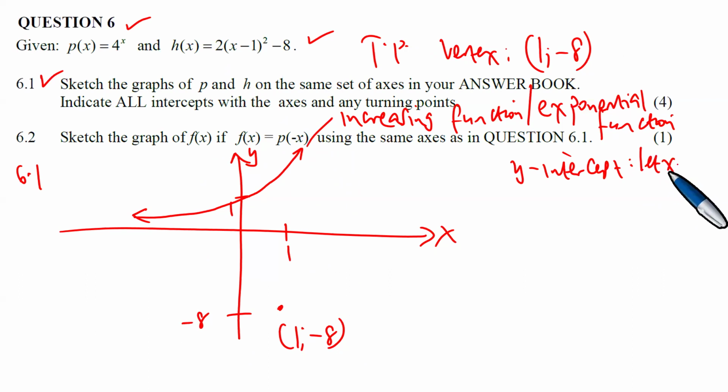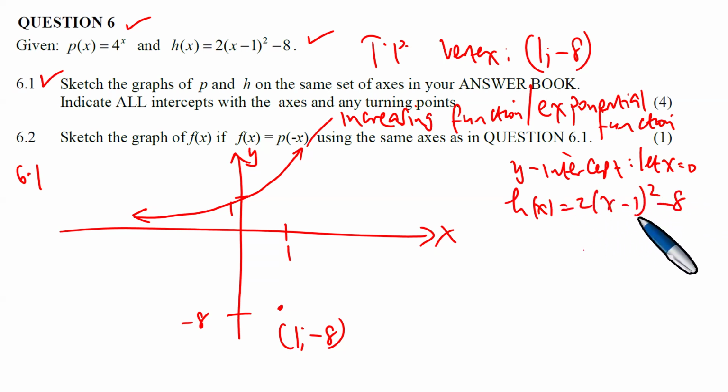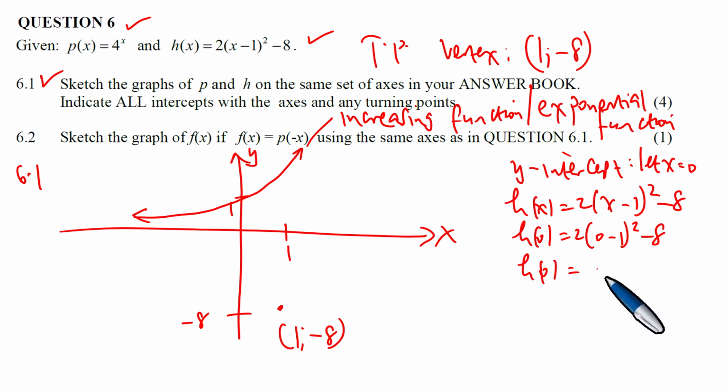For the y-intercept, you let x be 0. So h of x is 2 times (0 minus 1) squared minus 8, and then you have 2 minus 8, which is minus 6.